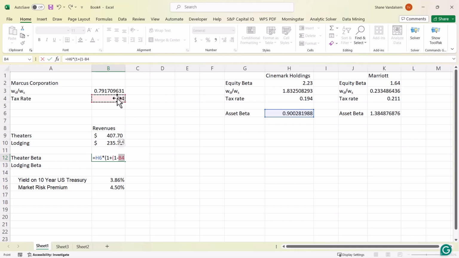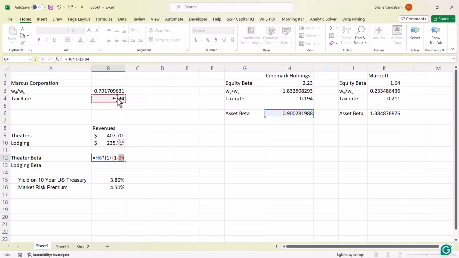So if you looked up the tax rate for Marcus, it's been weird. It's actually, for the most recent time period, it's actually showing up on Capital IQ as almost 60%, but they also had 3 years of not paying taxes, so it's kind of weird. I estimated about a 40% tax rate, so the kind of the highest marginal tax rate that they can have.